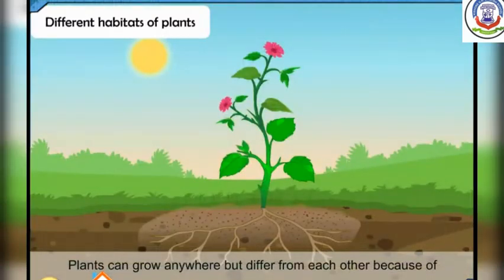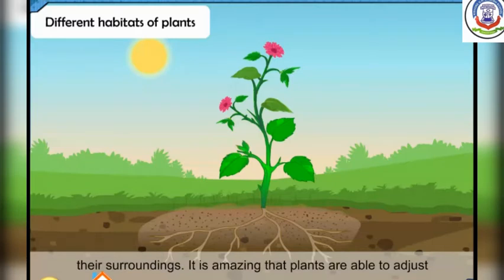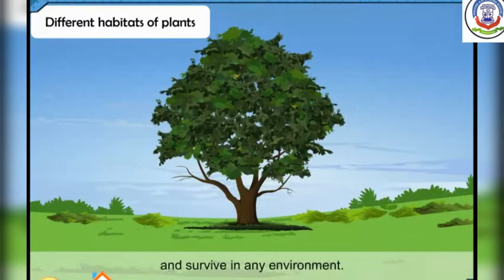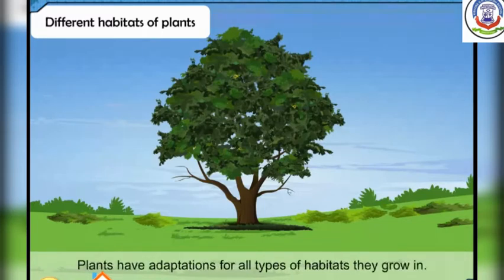Plants can grow anywhere but differ from each other because of their surroundings. It is amazing that plants are able to adjust and survive in any environment. Plants have adaptations for all types of habitats they grow in.